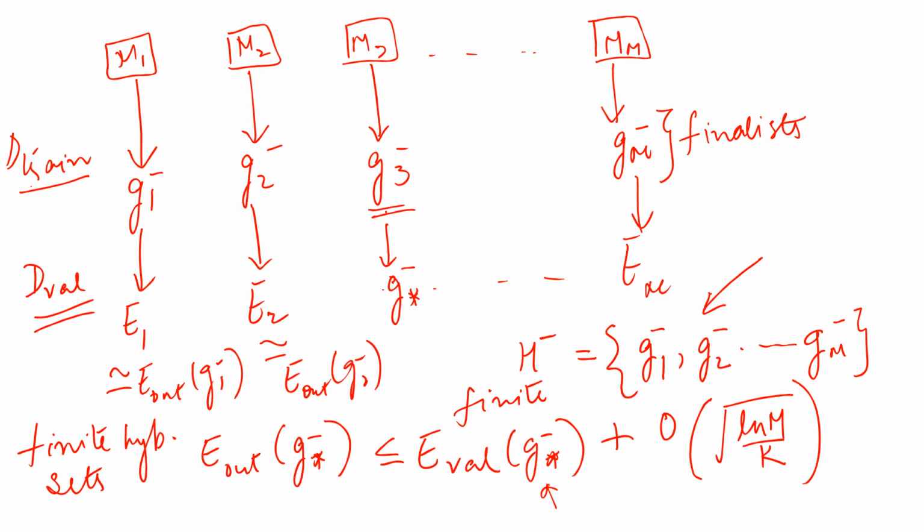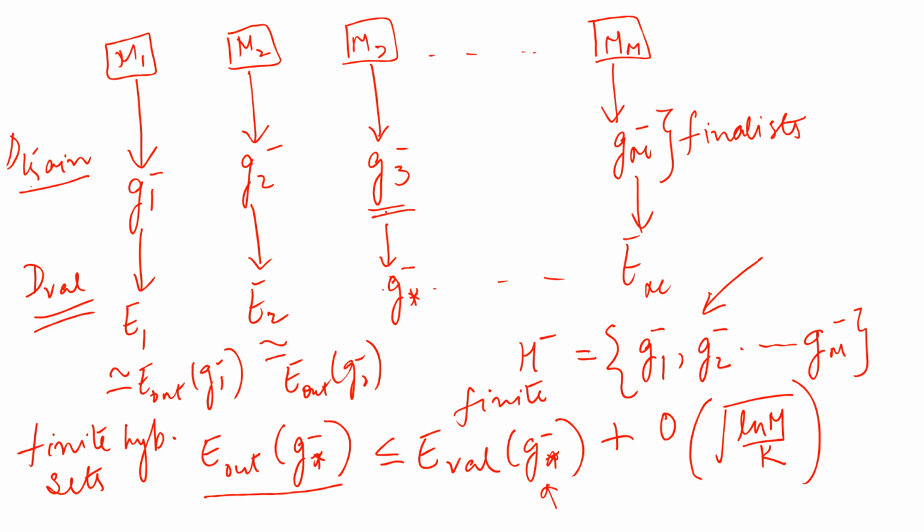So model selection using a validation set relies on the leap of faith that if my E out on G minus is the smallest one, it's the best one, then my G with the entire data will also be the best one. So of course we are making a huge leap of faith there, but practically it turns out to be correct, right?